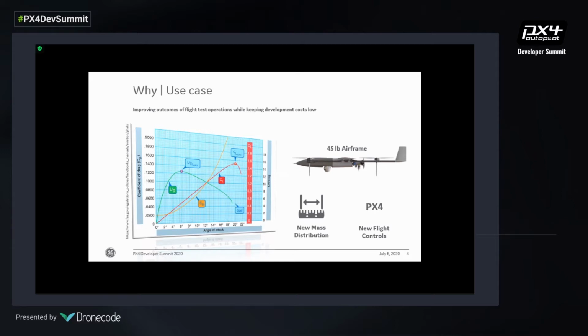And for those of you who may not be familiar with static margin, ultimately it derives the fact of how the vehicle performs when it is up against some of the flight envelope characteristics, which would be interesting and important to identify when we're doing a back transition, since this is a VTOL, or a forward transition.